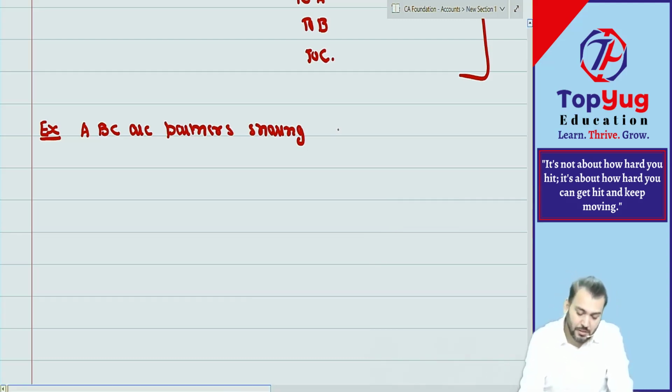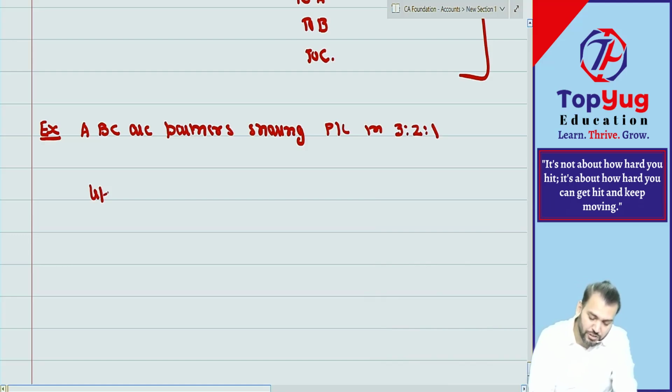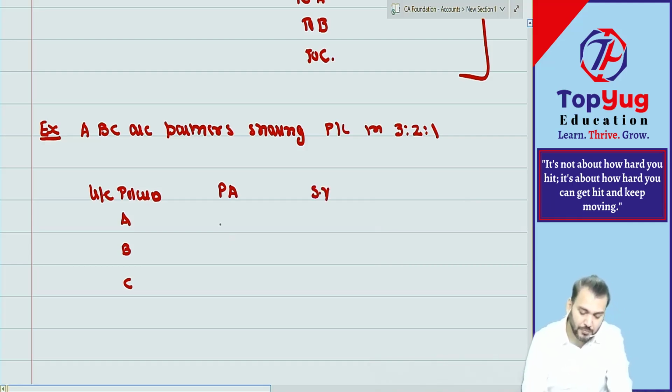ABC are partners sharing profit and losses in the ratio 3 is to 2 is to 1. Now they will give life policies for A, B, C, and they will give policy amount and surrender value.